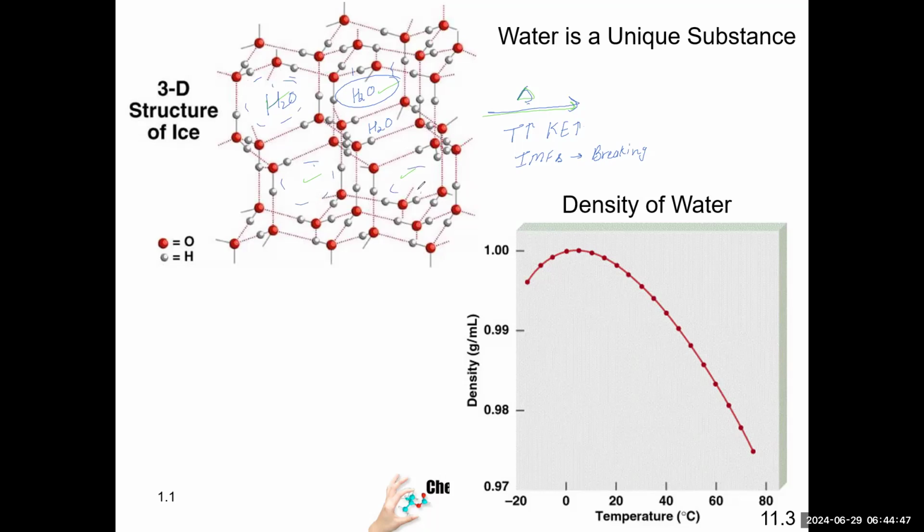As the gaps start getting filled by liquid water, what will happen to the density? Density is mass per unit volume. Now, as these gaps are filled, can I say there are more molecules per unit volume? Density increases. See here, the maximum density of water is at 4 degrees Celsius.